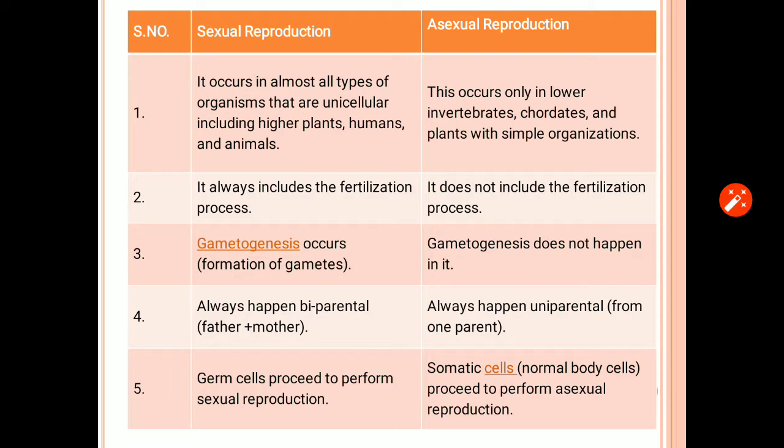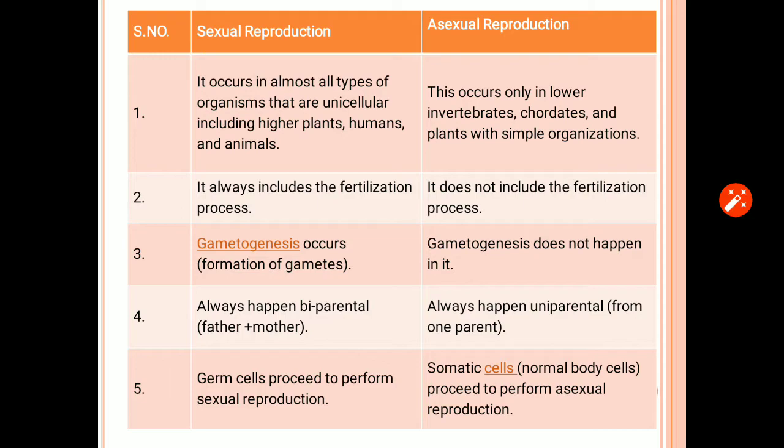The second point of difference is that sexual reproduction involves the fertilization process, and in asexual reproduction, fertilization doesn't occur. In sexual reproduction, gamete formation is called gametogenesis. Genesis means formation, so gametogenesis means formation of the gametes.